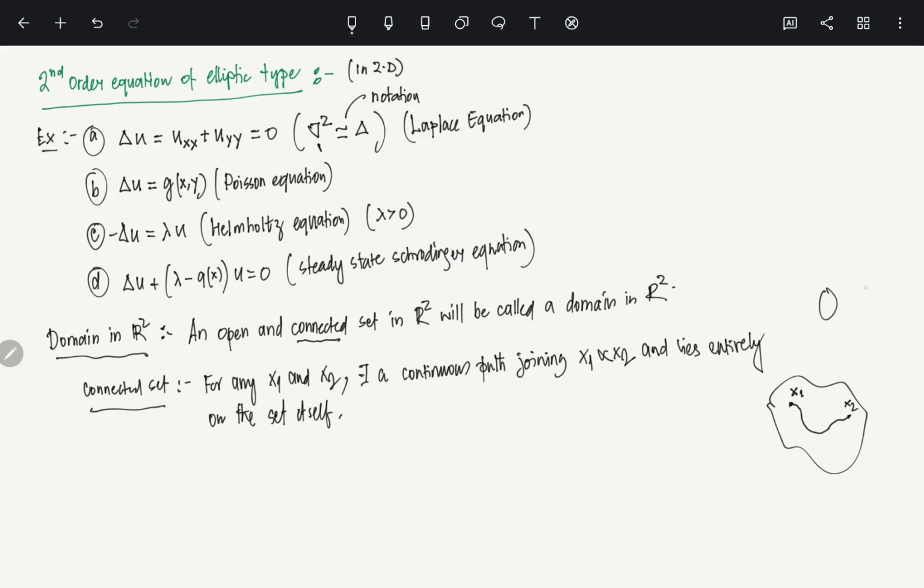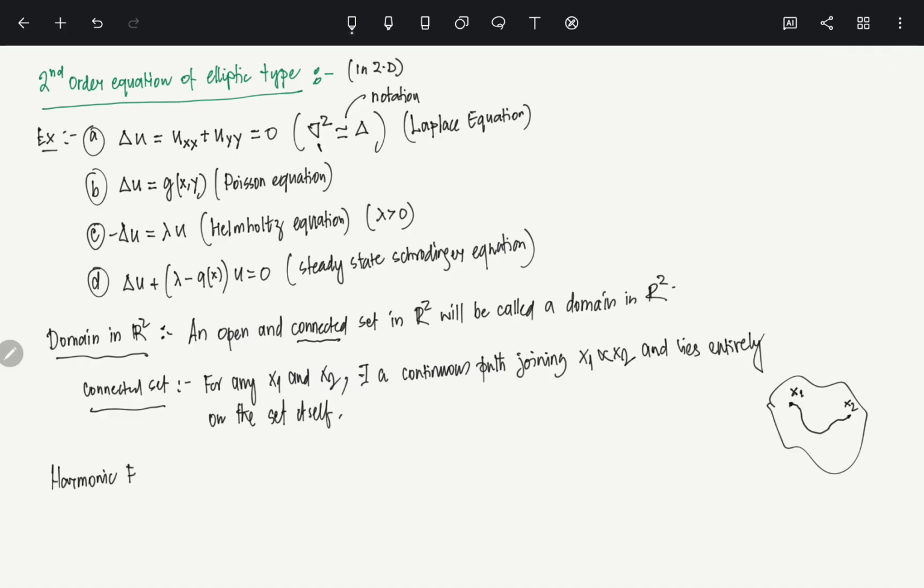Now let's say my set is the union of two separate pieces. If I take one point in one piece and one point in the other, there is no way I can have a continuous curve that lies in the set itself and joins those two points. That's not possible, so that's not a connected set. So an open connected set is all we demand for this whole thing to work, and we are always going to assume that. Fine. Now we will define something called a harmonic function.